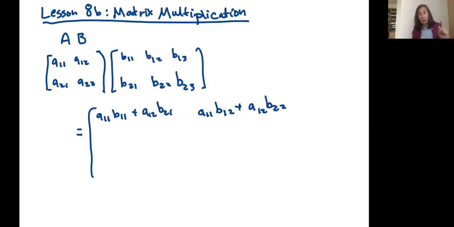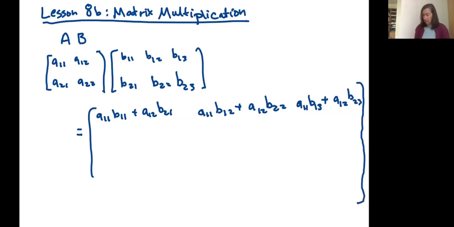For the 1,3 element of the product, still the first row of the lead, but now the third column of the lag. So that's A11 times B13 plus A12 times B23. Okay, so that is all I've got in the first row of my product matrix. Deep breath. Okay, so now to get the second row of the product, we want the 2,1 element.